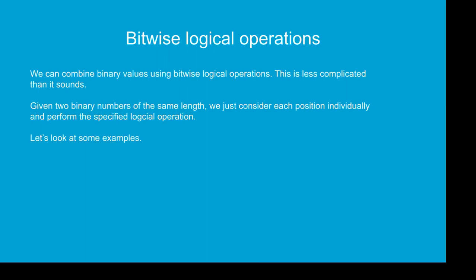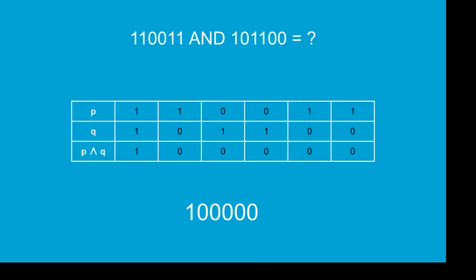If we have two binary numbers that are the same length, then we can just consider each position individually and perform one of the binary operations. We're not talking about numbers, we're talking about true and false, because binary numbers represent true and false in computing. That's what we use it for. So let's look at some examples of this.